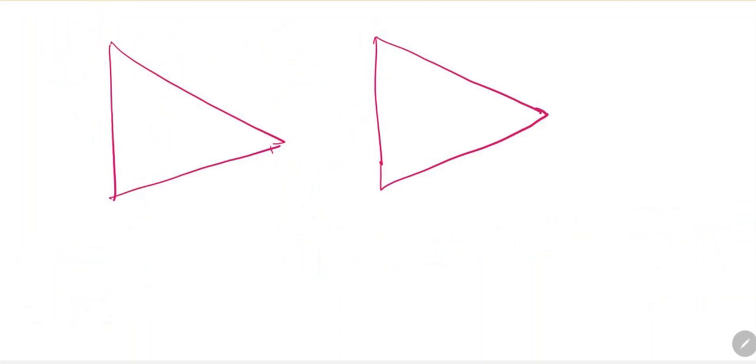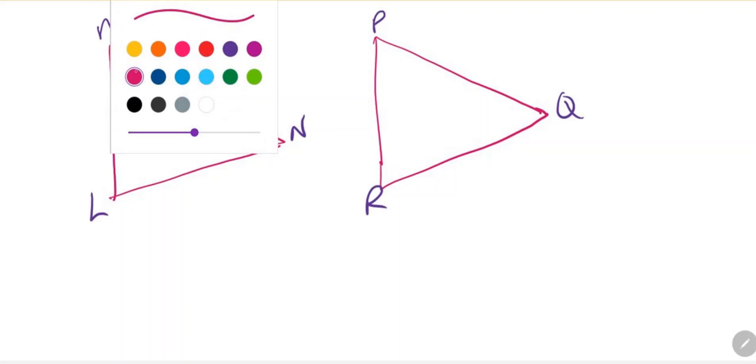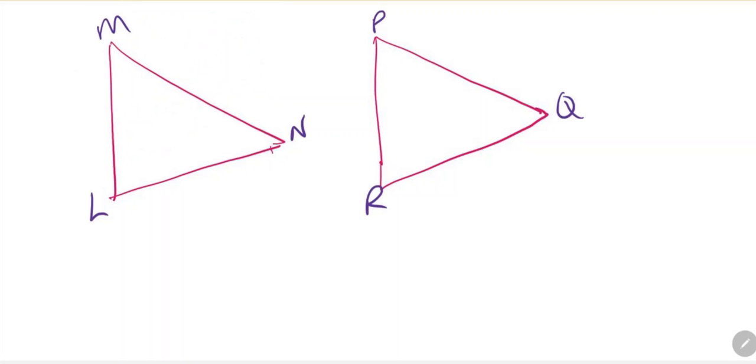So we have two triangles here. We'll call them LMN and P, Q, and R. And I'm going to tell you that this angle here, L, and this angle here, R, are congruent.